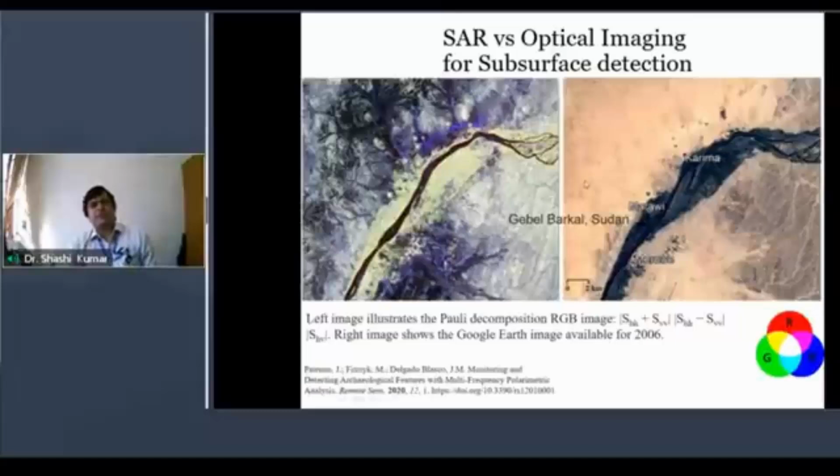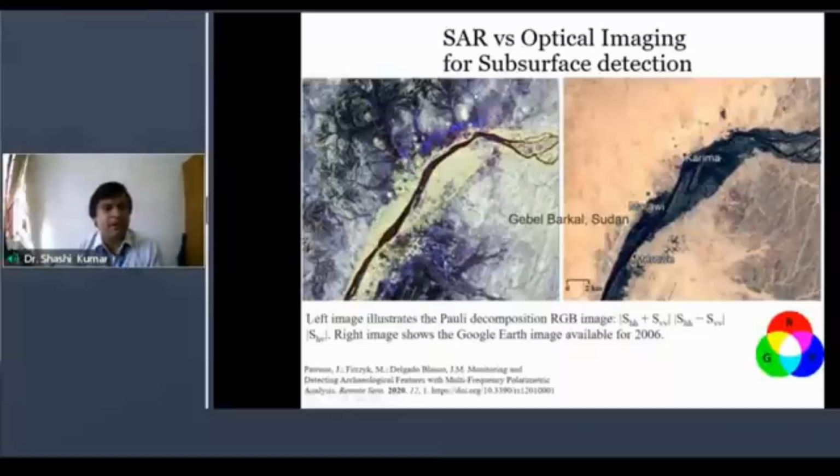Now, let us see what advantage we are going to get. If you see the cursor here, in the optical remote sensing data set, the entire area is appearing as a smooth surface. But the same area, when it was imaged with an L-band sensor, approximately 1.25 gigahertz frequency, one can easily see subsurface information, because here the surface is not appearing as smooth.